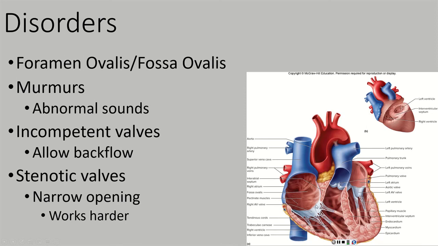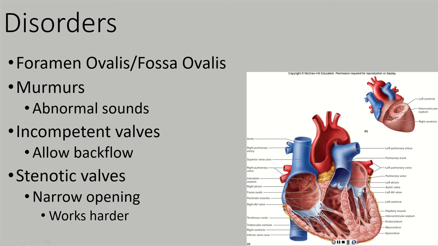On the right side, the right AV valve has 3 flaps, so we call it the tricuspid valve, and that's what I'm going to use in this class. The tricuspid valve is in between the right atrium and the right ventricle. Its job is to allow blood to flow from the atrium into the ventricle, but prevent blood from going back the other way.